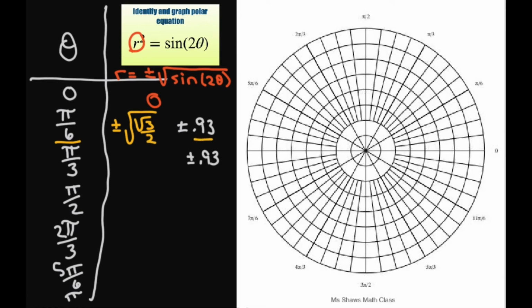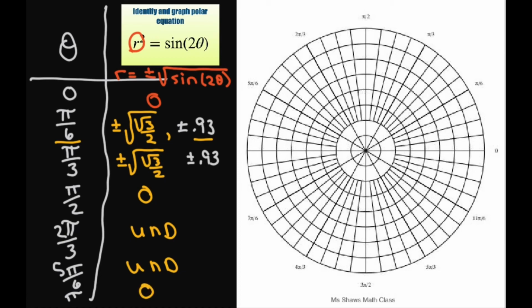I already put that in the calculator to save time. And for pi divided by 3, you get the same thing, plus or minus square root of 3 divided by 2. At pi divided by 2, we get 0. At 2 pi divided by 3, it's undefined. And at pi, we're at 0.